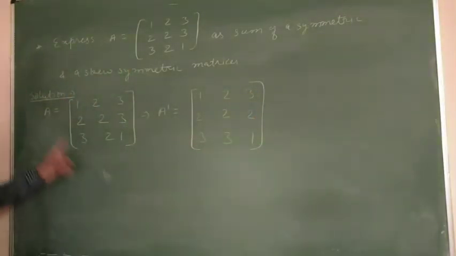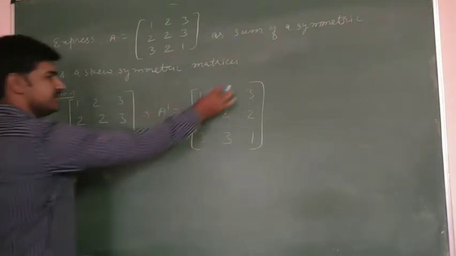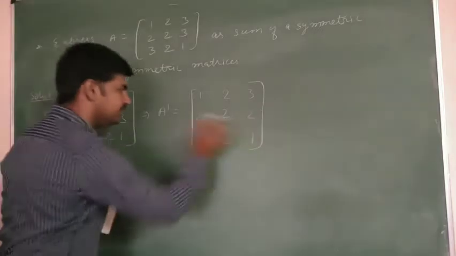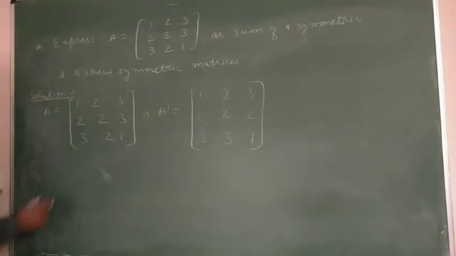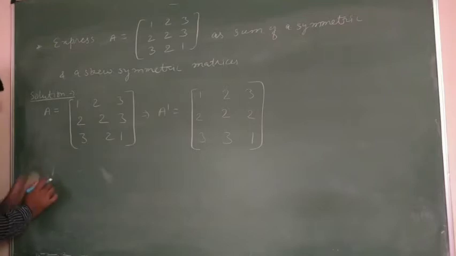I have written transpose of A. The first row has become the first column, second row has become the second column, and third row has become the third column. Now the first matrix that I am to get, I can name it as P.